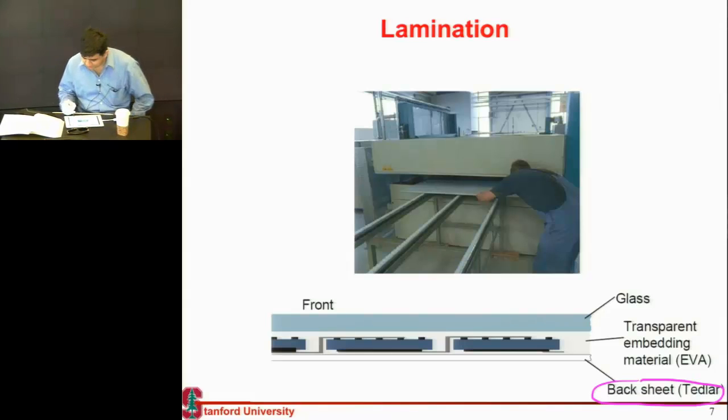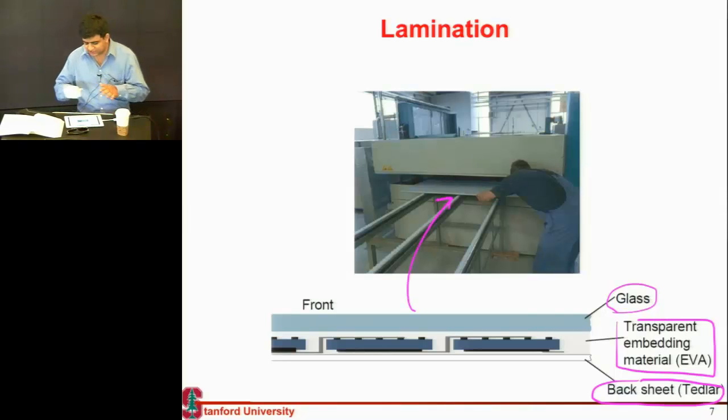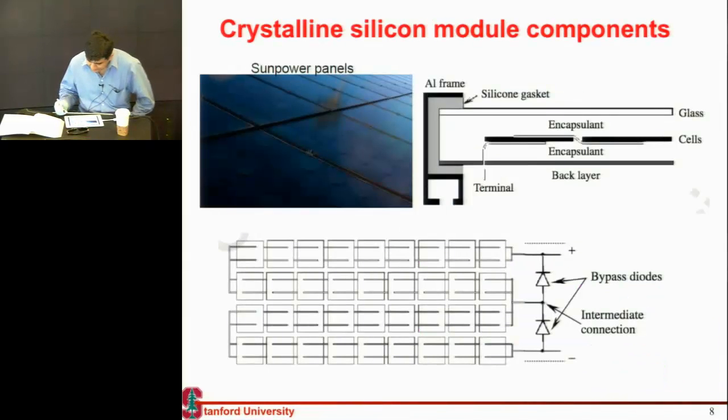Then this is covered by a sheet of glass and embedded in a polymer material, and then you give it some thermal budget, and that essentially sticks this together, and your module is ready to go.